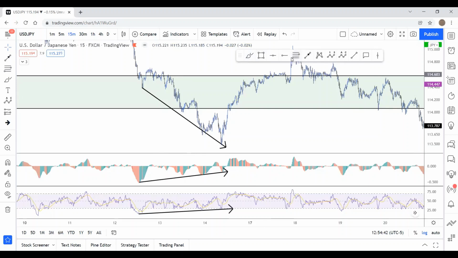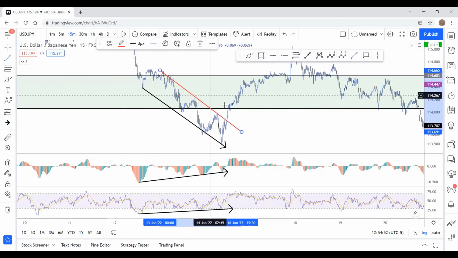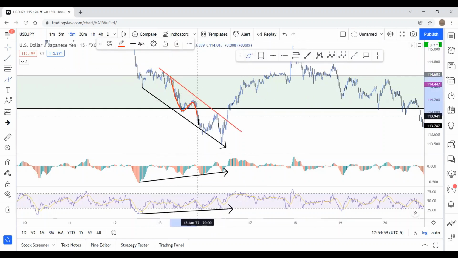Now, remember I said we combine this. You don't just go off solely divergence; combine it with simple trend. Look at the trend within here. Let's use a red line for that. That was the trend. We see that price is giving us lower highs, lower lows. Then we get price to break out of that trend, breaking that high.